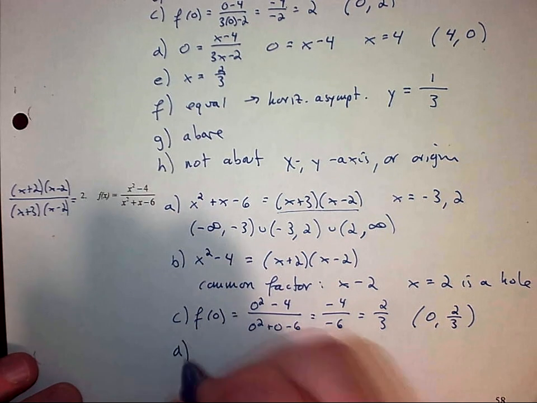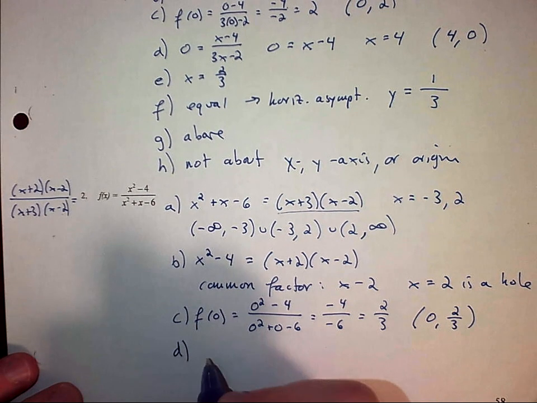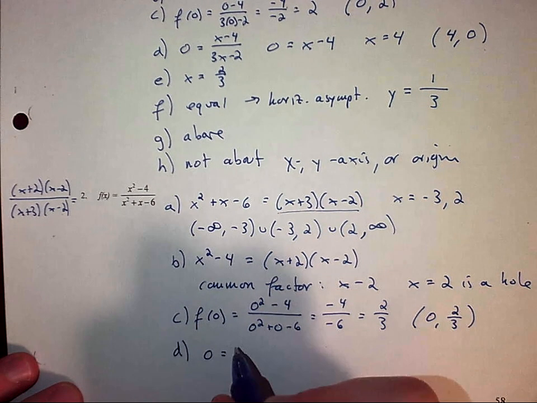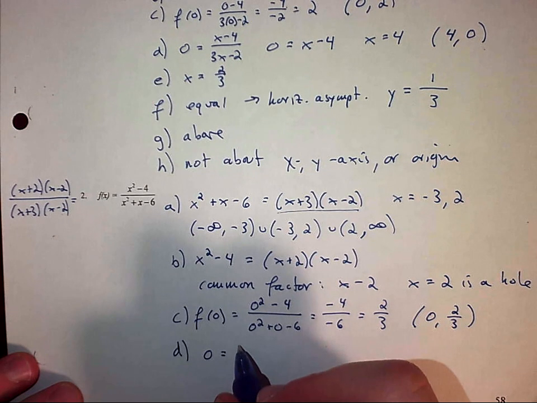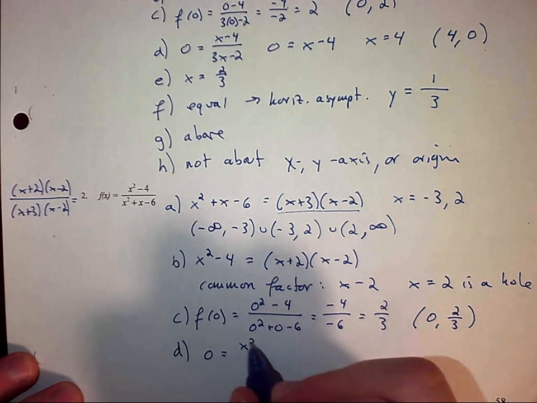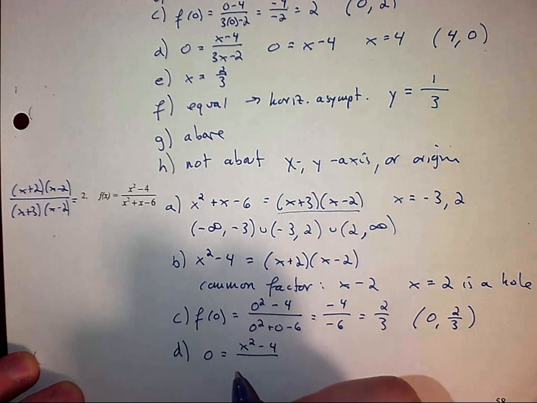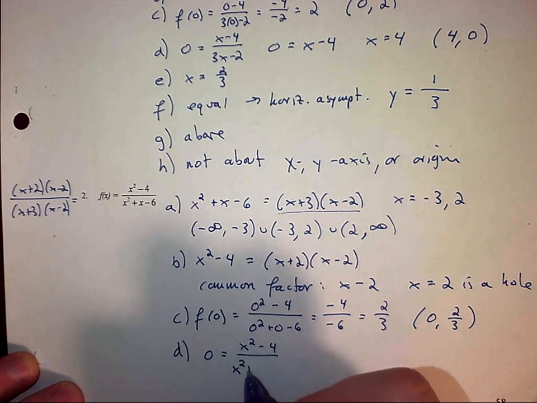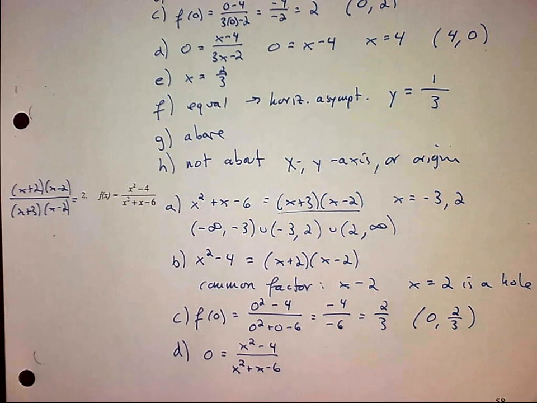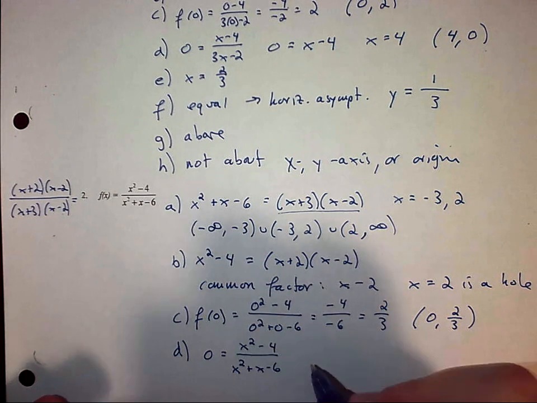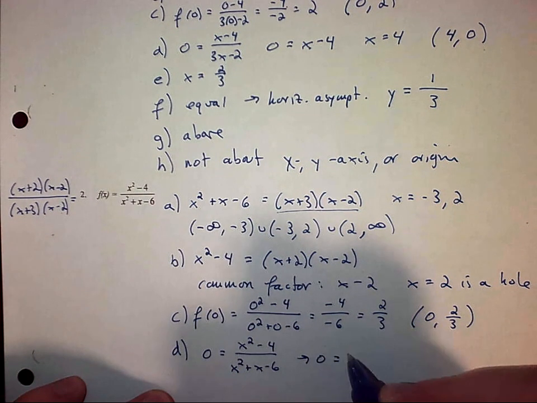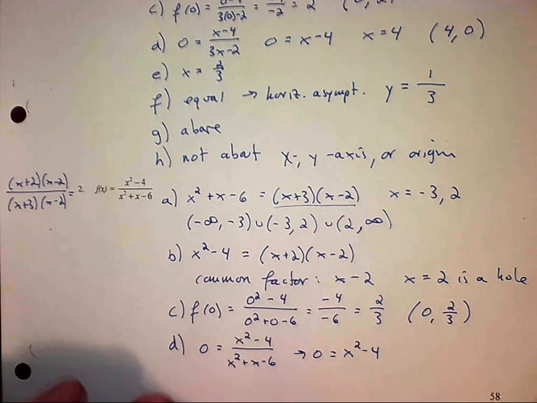D is asking us to find the x-intercept. So again, if we want to find the x-intercept, we're going to let y be equal to 0. So we have this right here, x squared minus 4 divided by x squared plus x minus 6. Well, the first thing that we can do, just like we did before, is multiply both sides by the denominator, which is going to give us 0 is equal to x squared minus 4.